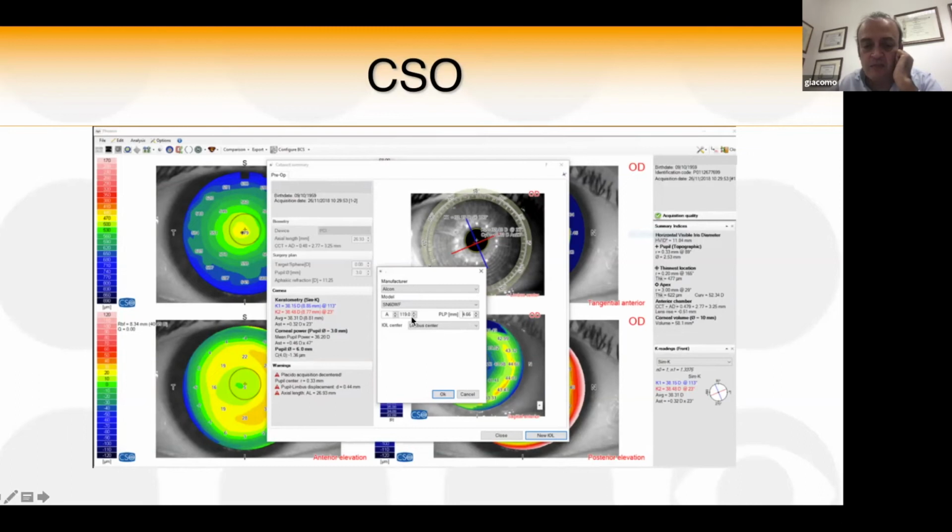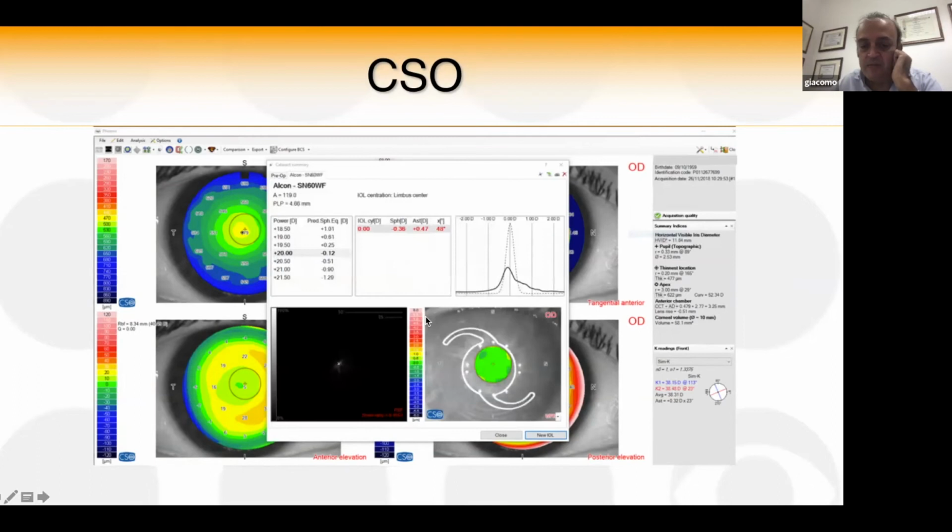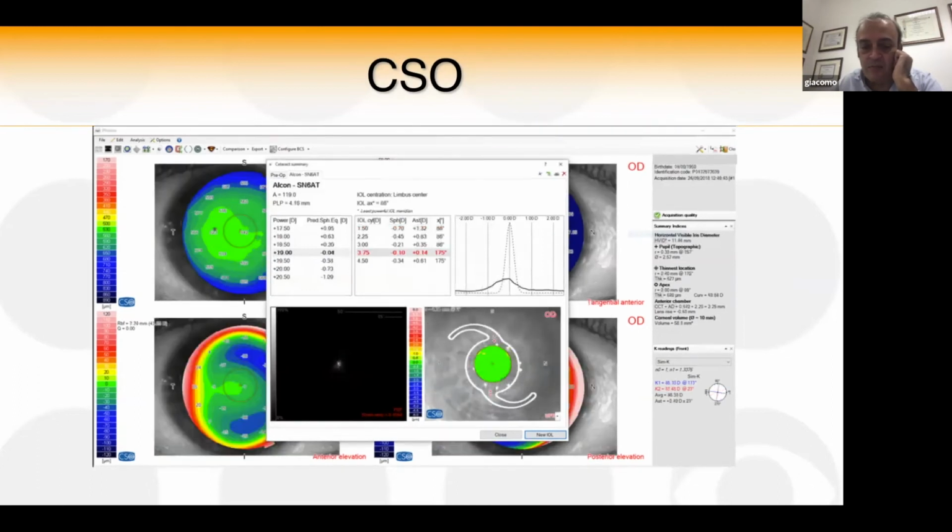What's important is to enter here the A constant of the ULIB website. And then you get the prediction. You can have also the prediction for toric IOLs, which is my preferred method to calculate toric IOLs after LASIK.